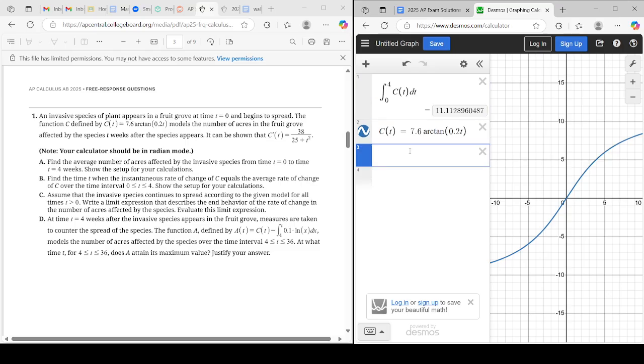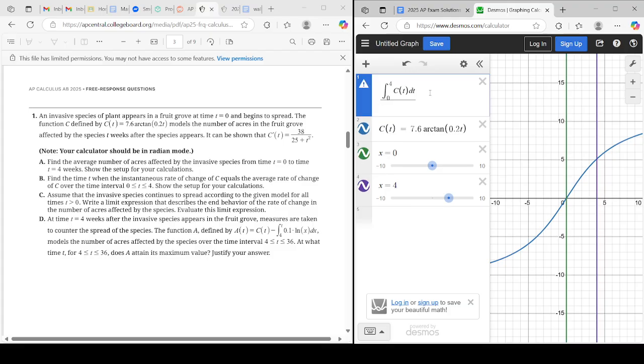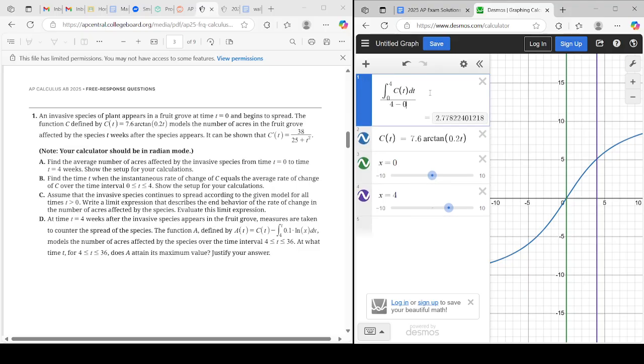So I'm going to visualize it here. These are your bounds that you're working with, and it's the area under this region that we're finding. But because we need an average value, we need to divide this by 4 minus 0, which would be 4, because it's for 4 weeks.